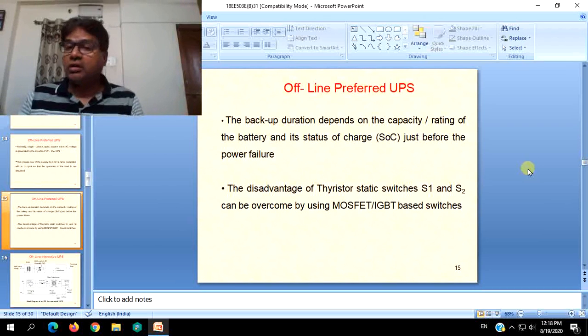So it may turn on, or it may not turn on. Only if the charge and voltage are sufficient will the load be supplied. But again, the duration for which this backup exists depends on the leftover charge, that is the state of charge of that battery at that particular state.